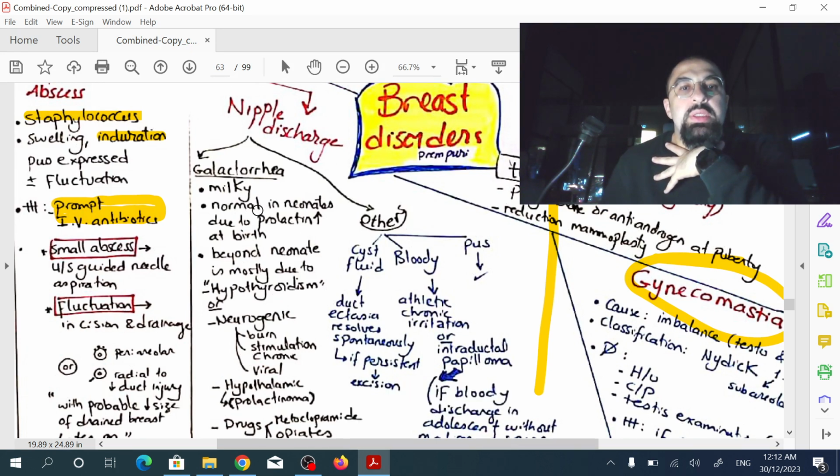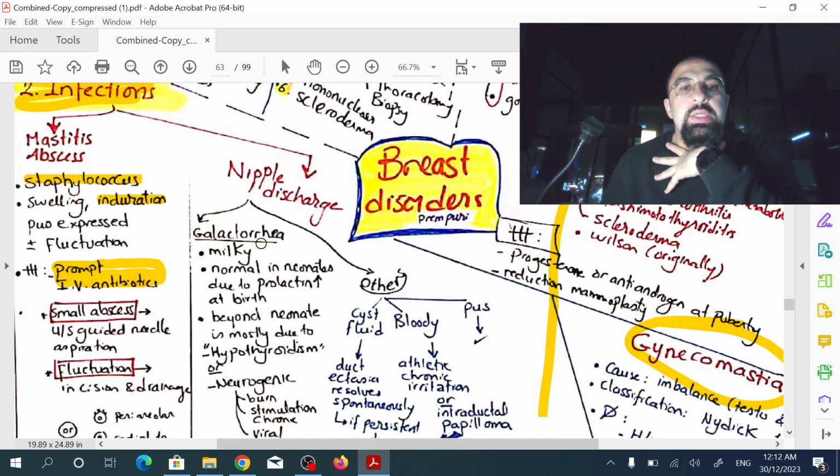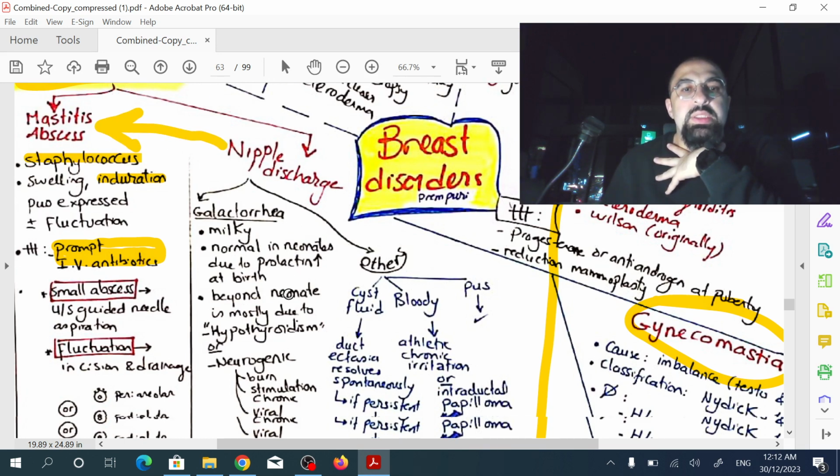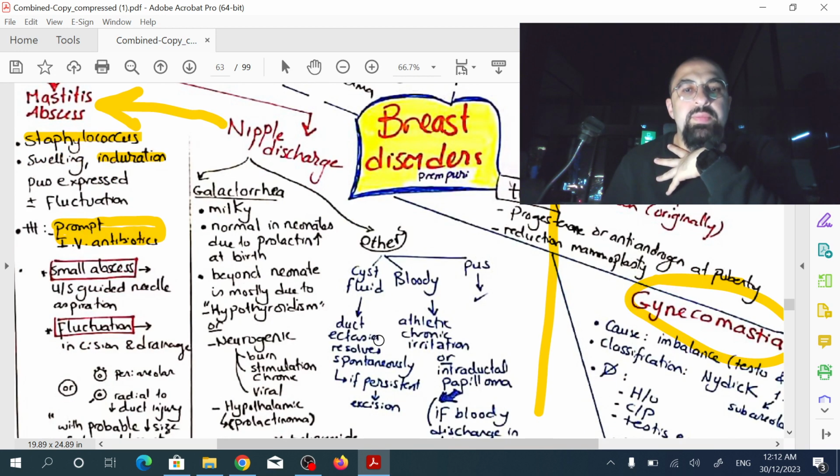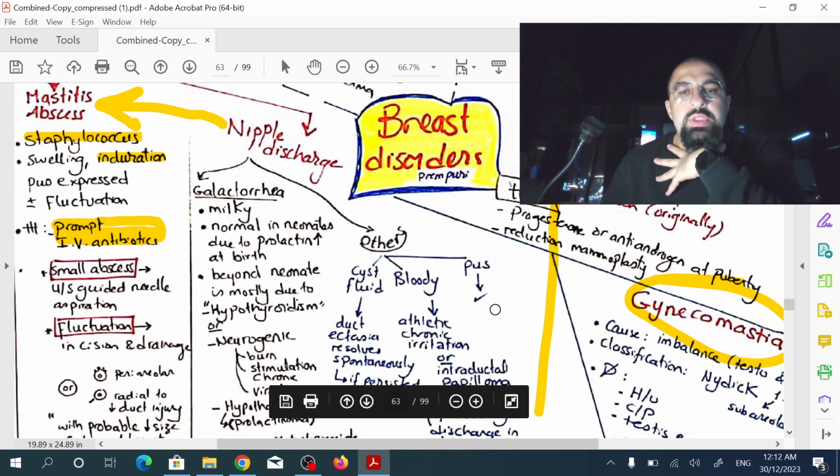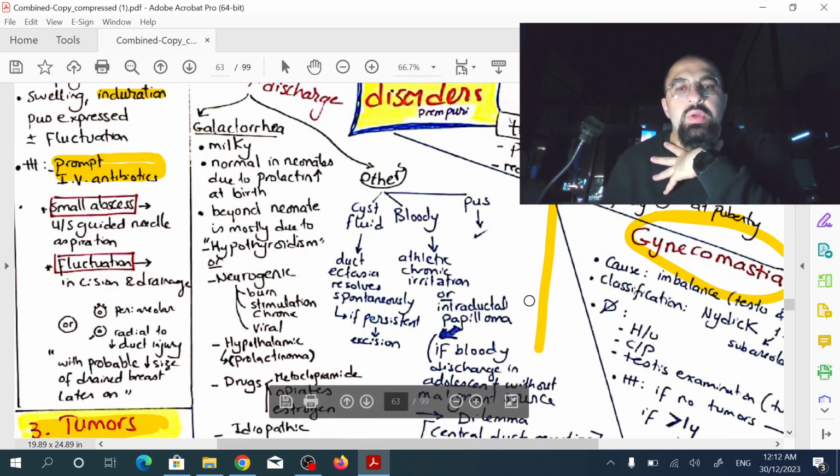It can be galactorrhea, milky and normal in neonates due to hyperprolactinemia, and it's the start of the problem that leads towards mastitis or abscess. Others are cyst fluid, bloody discharge, and pus discharge. Pus is due to duct ectasia, very rare, and bloody discharge is also very rare, due to intraductal papilloma or irritation.